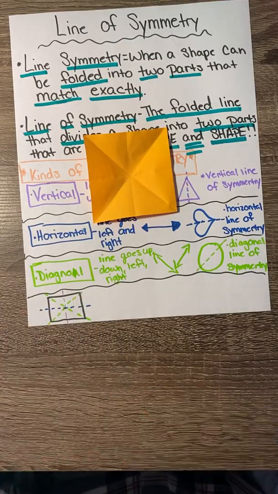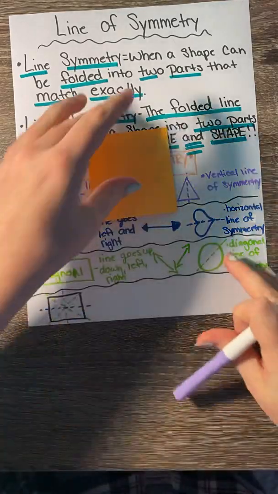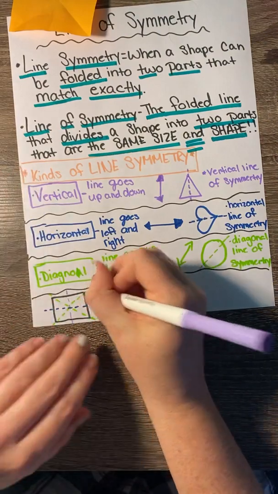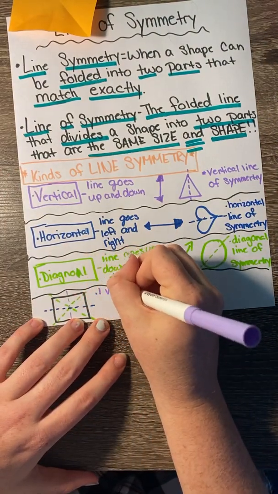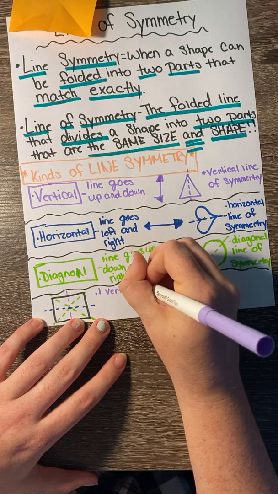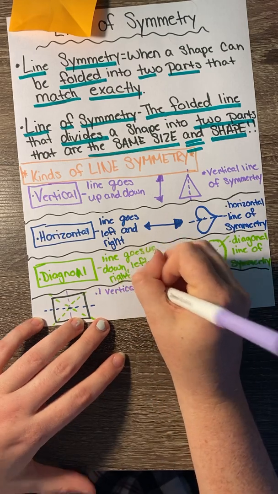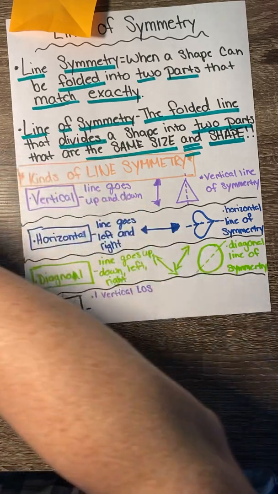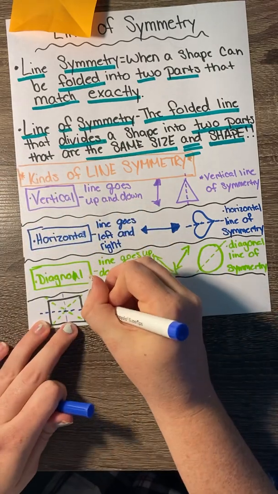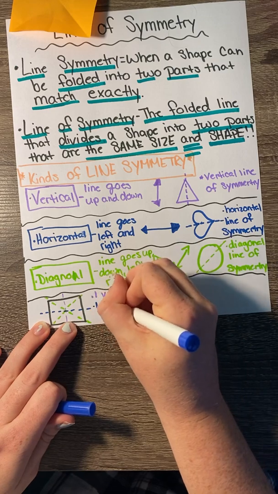So let's write out our lines. Right here, we have one vertical, and you can shorthand line of symmetry by writing LOS. Save a space, okay? We have one horizontal line of symmetry.